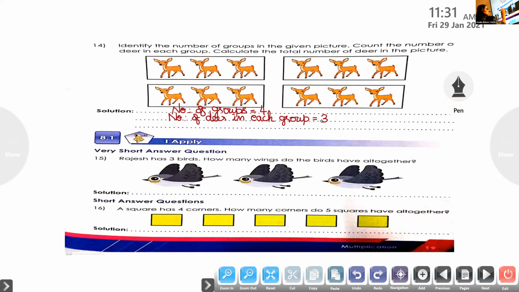Now, total number of deer. Total deer is equal to, which number is to be repeated and how many times? 3 is to be repeated.